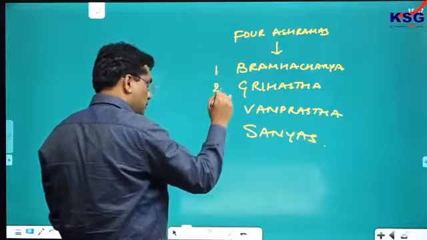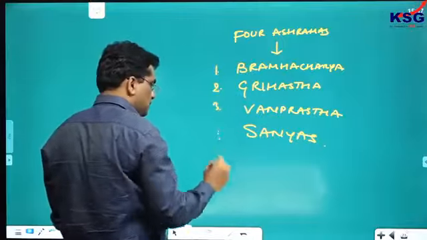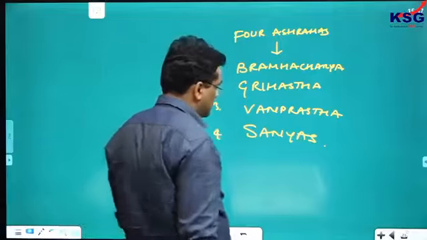So there are 4 ashramas in the later Vedic period.